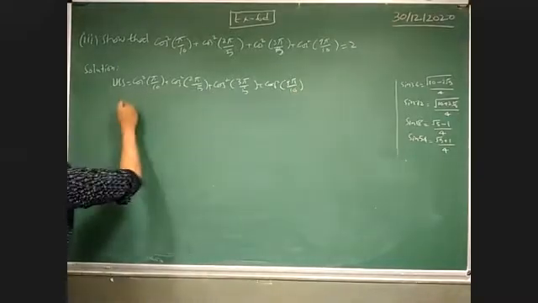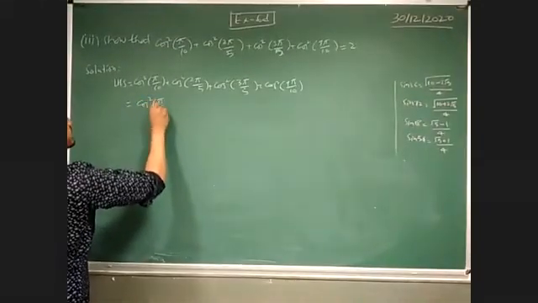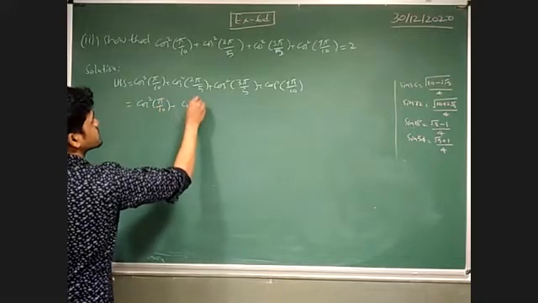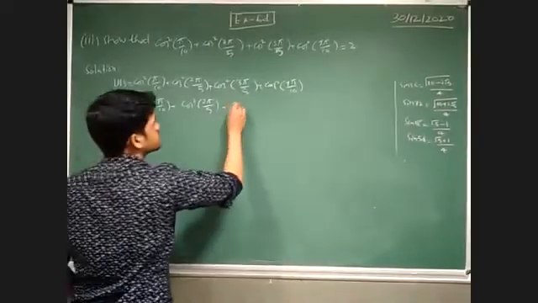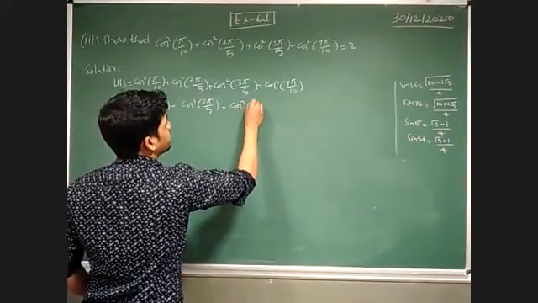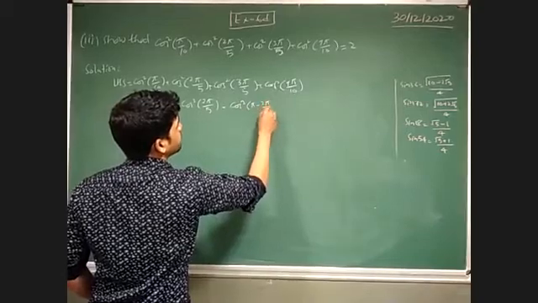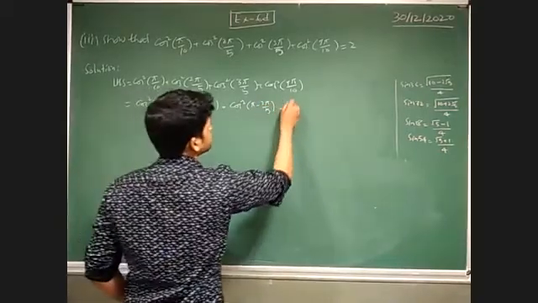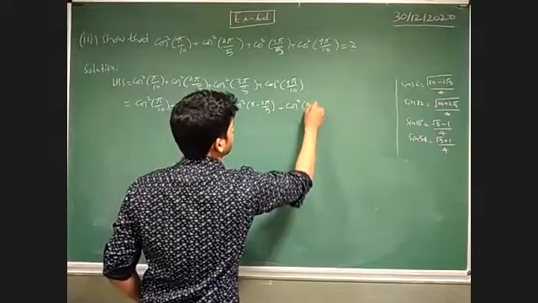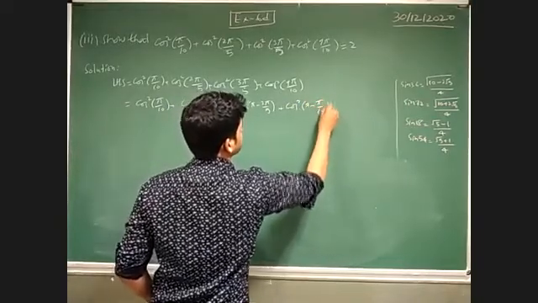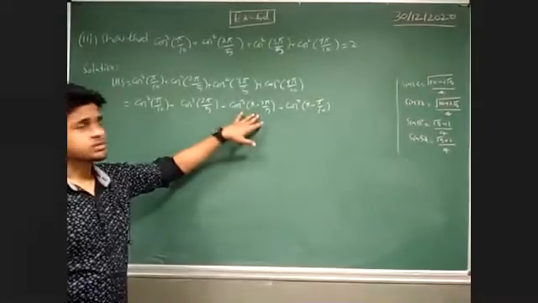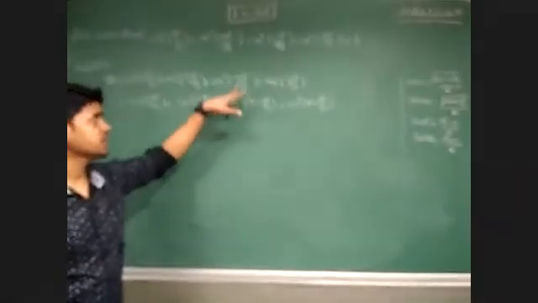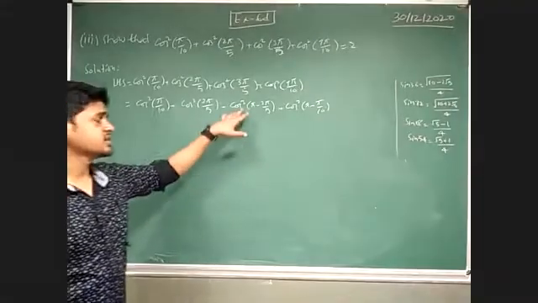Now cos square pi by 10, take as it is, and cos square 2 pi by 5, take as it is, and change this one. So here cos square of pi minus 2 pi by 5, and here just change this, so pi minus pi by 10. If I arrange in this manner, and solve, then you will get again 3 pi by 5. Now just see, this is the quadrant formula.